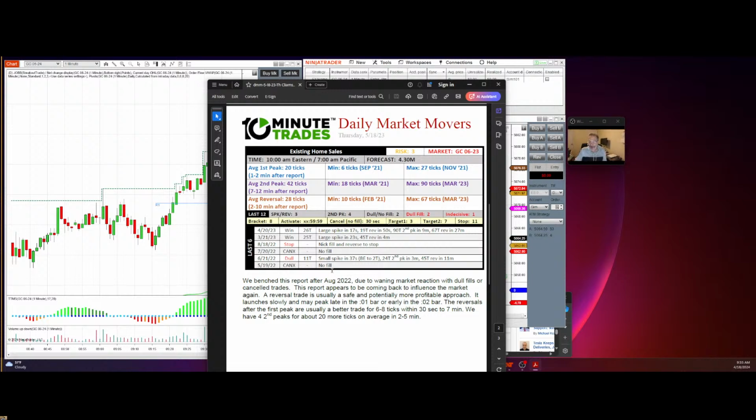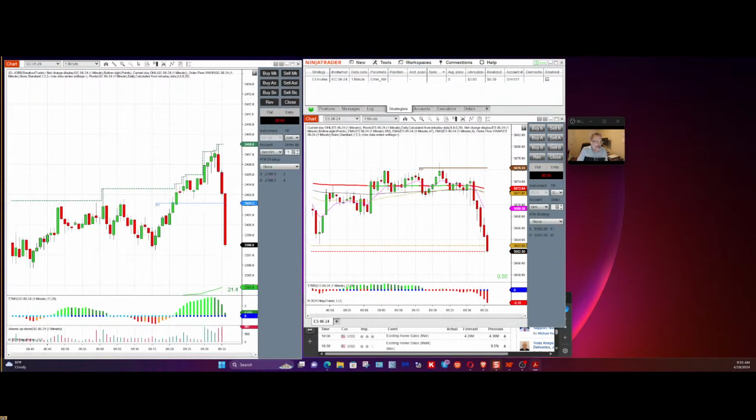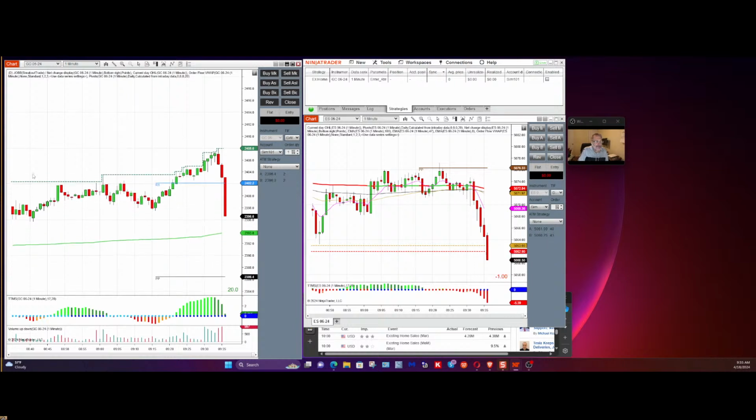But nowadays, 11 ticks in June of 22, 25 ticks in March of 23, 26 ticks in April of 23. Now, if it moved 26 to 30 ticks all the time, that'd be great. But that's not the reality. This has not been a report that moves the markets big time anymore.